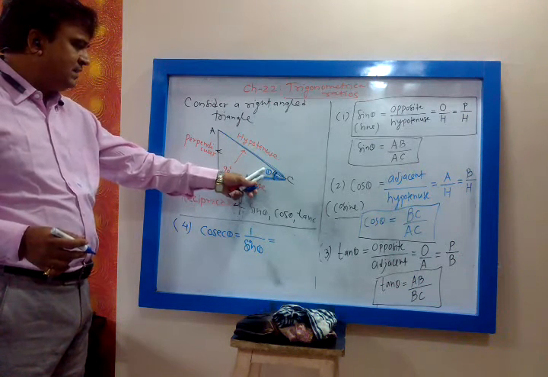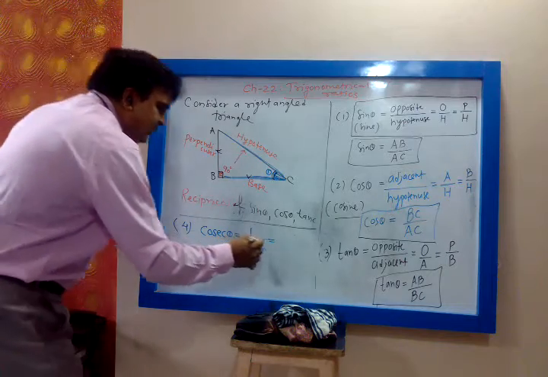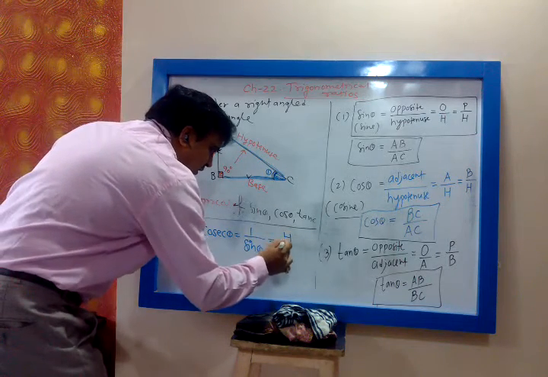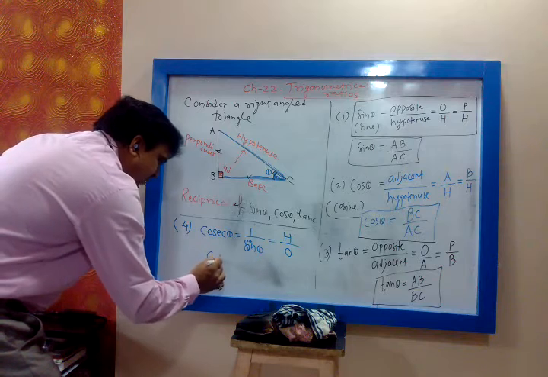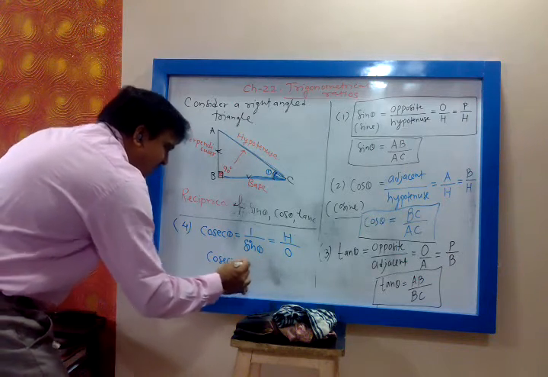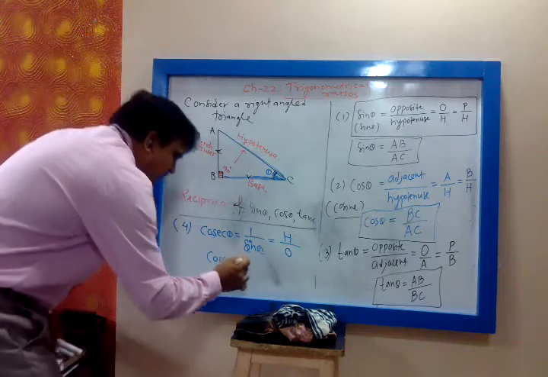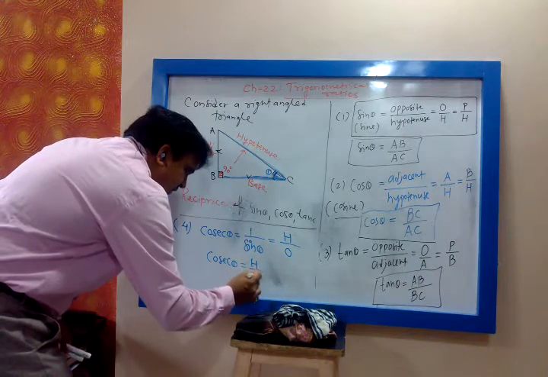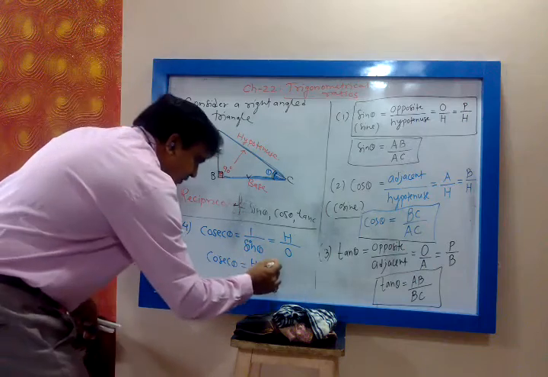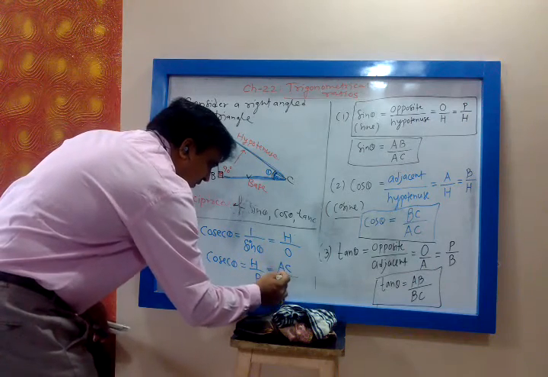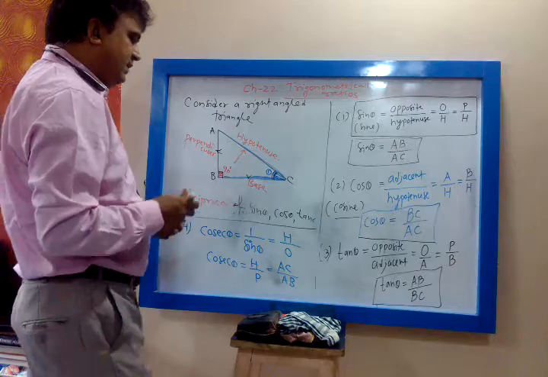Sin theta is opposite upon hypotenuse, so cosec theta will be hypotenuse upon perpendicular, which is AC upon AB.